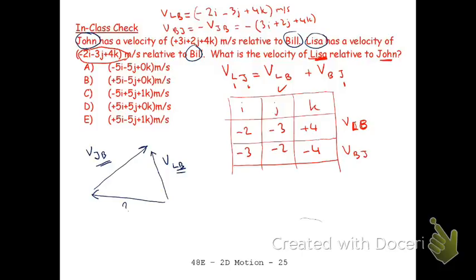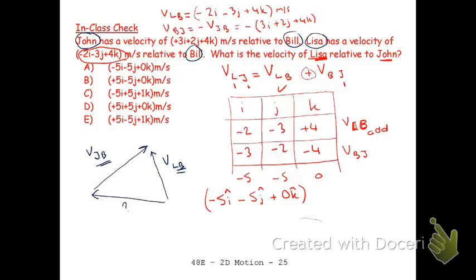So then I just say, well, that tells me to add, so just add. Minus 2 plus minus 3 is minus 5, minus 3 plus minus 2 is minus 5, and that's 0. So it would be minus 5i minus 5j plus 0k.